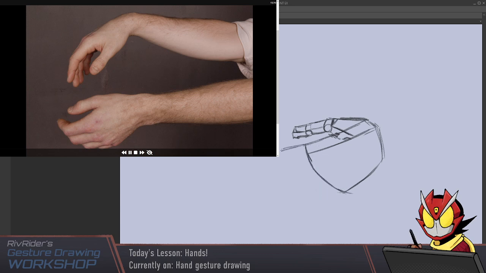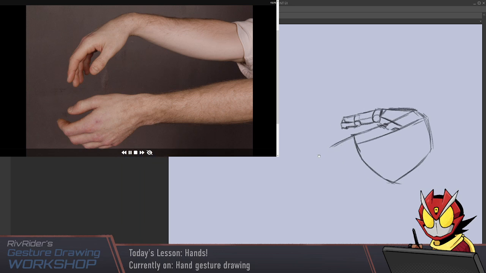So consider that relative to everything else. Seeking curve to follow for everything. And we take our gestures and we refine them with more definitive shapes.